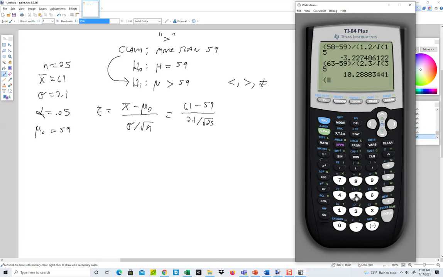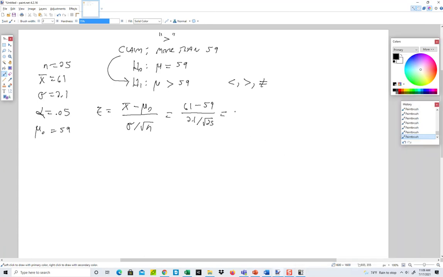Okay, so I got 61 minus 59, divided by 2.1 divided by the square root of 25. And press enter. And still an extreme value. At least you see the steps. 4.76. Okay.